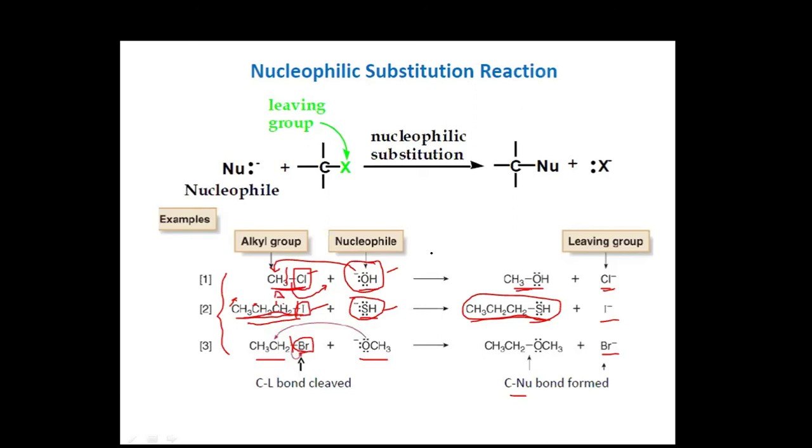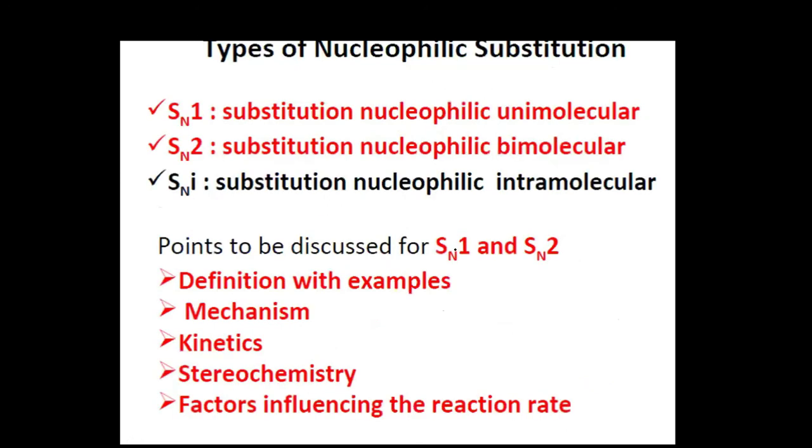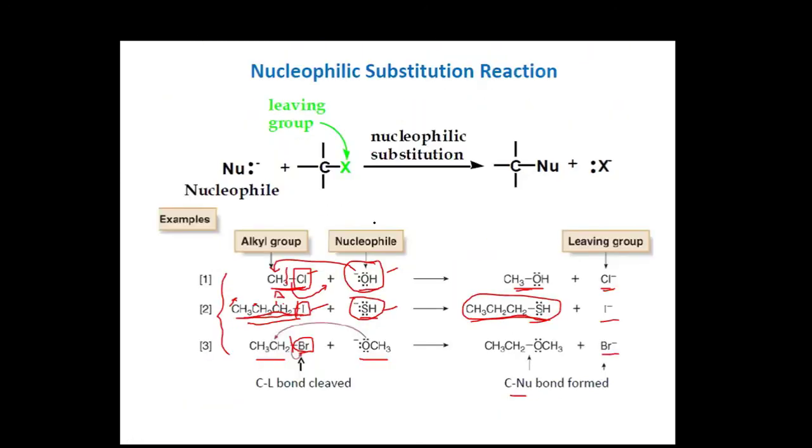During a nucleophilic substitution reaction, a new bond formation and an old bond breakage happen. The new bond generally forms between the carbon and the incoming nucleophile, and the bond breakage happens between the carbon and the leaving group. Is it clear? Any doubts with this general overview of nucleophilic substitution reactions?